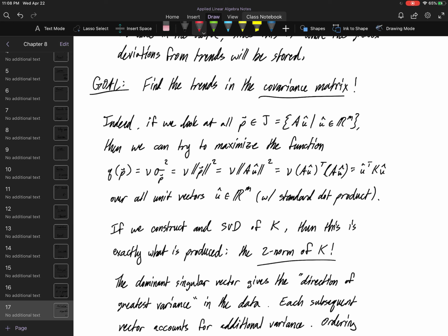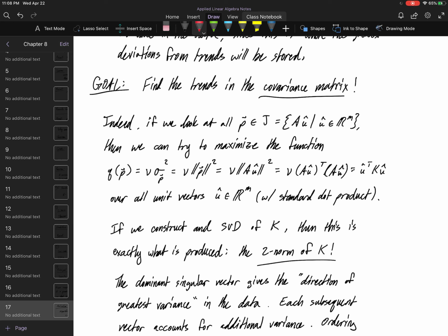So if we look at all the vectors in the set, effectively the image of A along the unit sphere in R^m, then we can try to maximize the quadratic function here, where Q just literally spits out the standard deviation of that particular unit experiment.